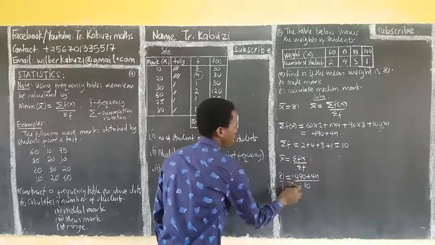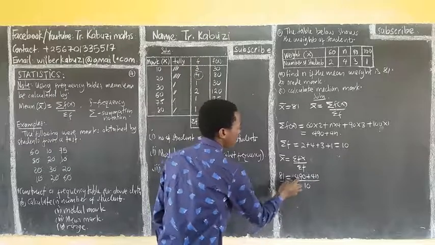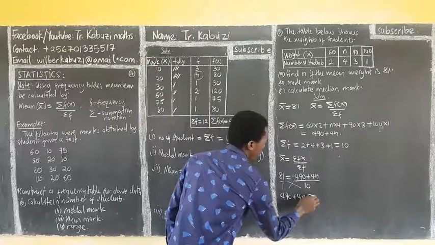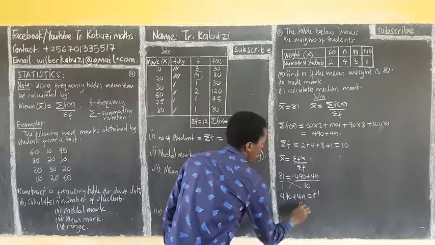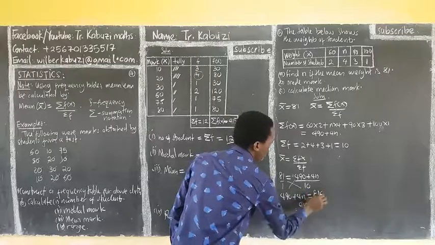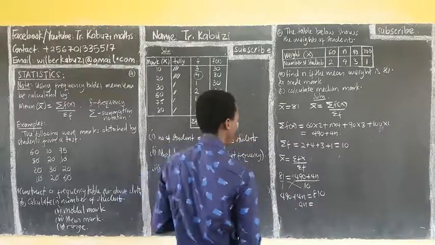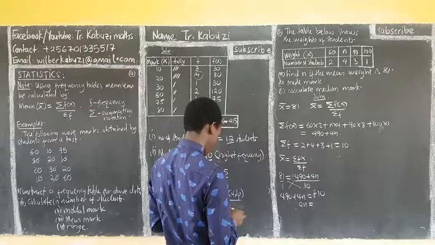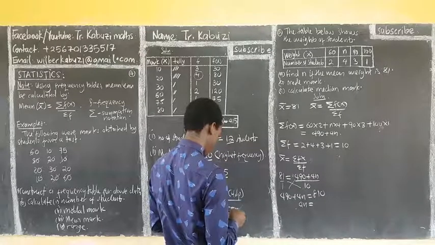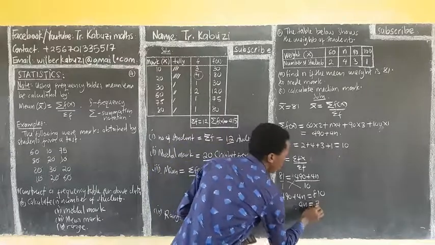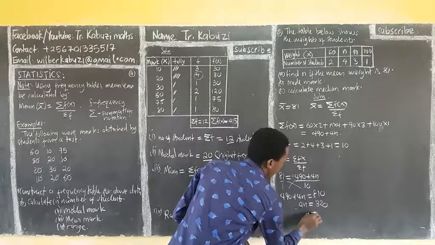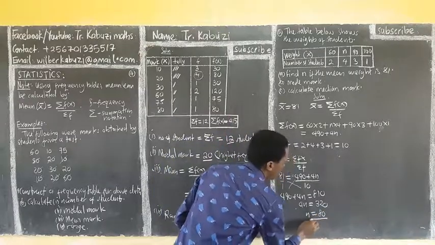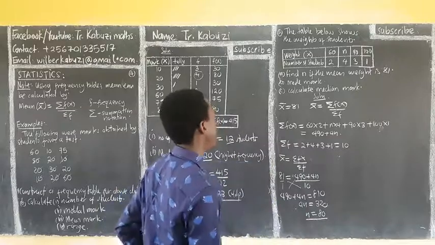I'll be having 490 plus 4n equal to 810. When you subtract there, 4n is 320, and so your n is going to be 80. So your n is 80.